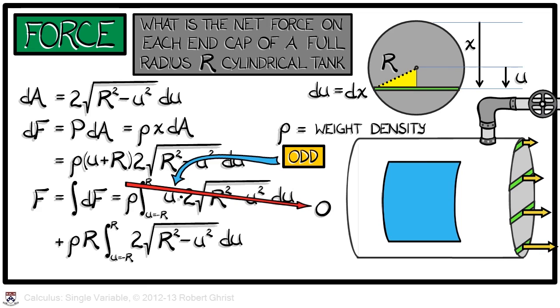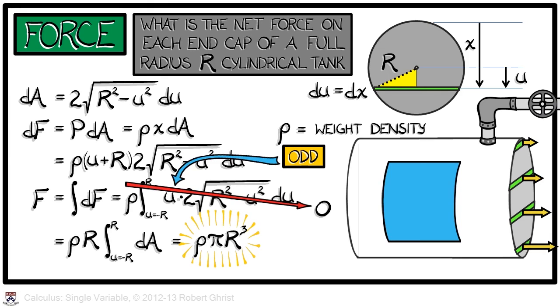Therefore, one of these integrals goes away, and we're left with the second, rho times r times the integral from negative r to r of 2 root r squared minus u squared du. That is, in fact, the area element for the disk. And so we obtain rho times r times the area, pi r squared, yielding a net force of rho pi r cubed.